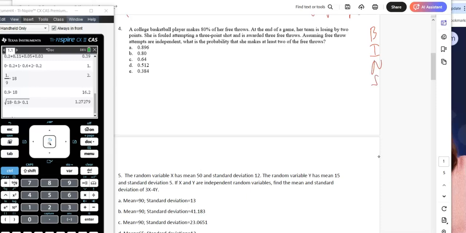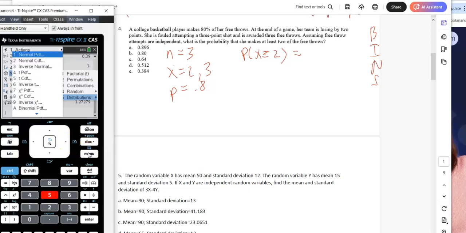Right, so now I like to just label everything. So 2 out of 3, so n is 3, x is 2 or 3, right? So we're finding the probability that x is greater than or equal to 2. And then p, the probability of success, is 0.8. I would use your calculator for this one, it just seems easier.